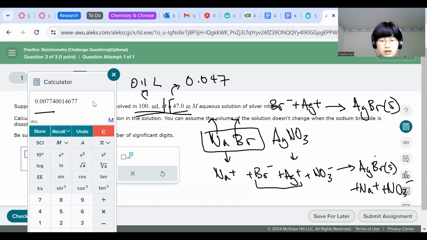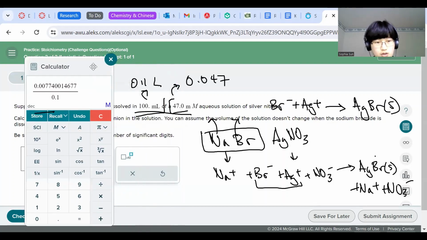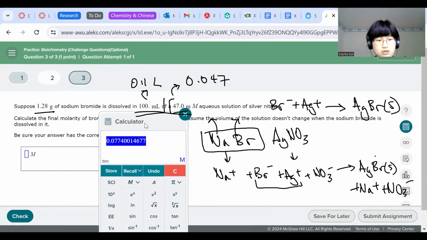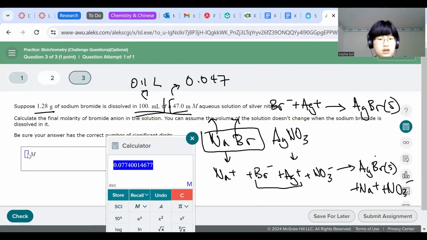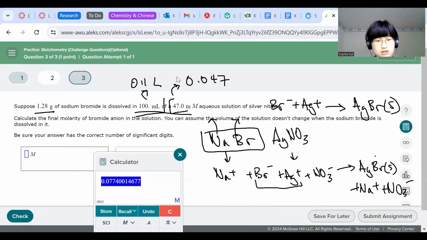So if we just do this, we should now divide by liters instead of milliliters, so I'll do it for conversion. The reason I'm doing this is because the question specifically states that the volume will stay the same when the sodium bromide is dissolved. So therefore, just do this. You can find our final molarity of bromide, and it asks for significant digits. We notice that our 100 milliliters is converted into 0.1 liters.